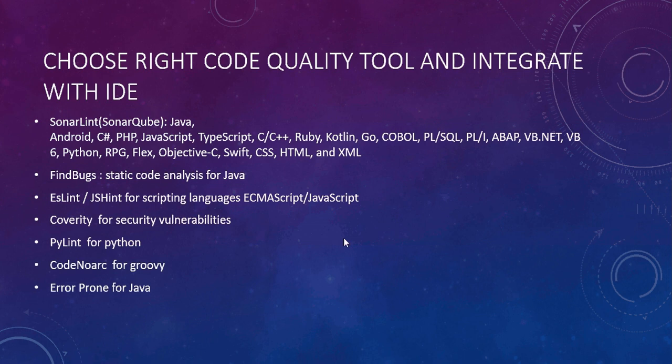In order to measure the code quality, there are so many open source tools available for different languages. So based on your requirement, you can choose any code quality tool and integrate it in your IDE.